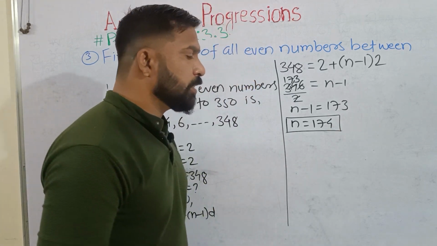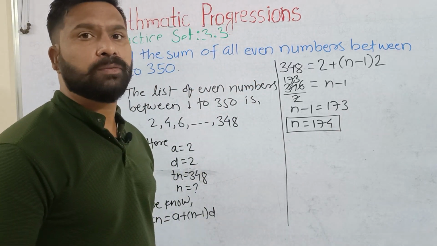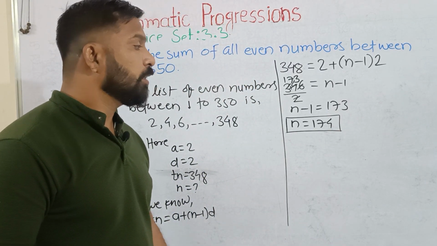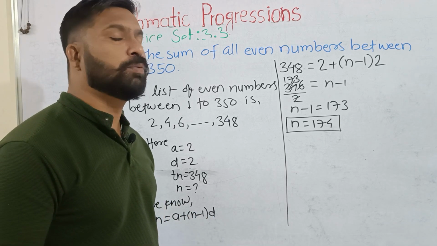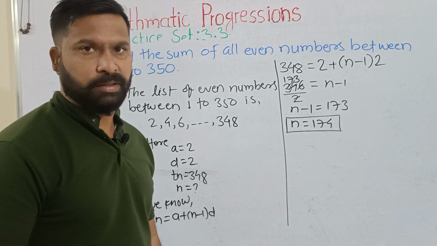How many such terms are there? 174. Now you understood that we need to find the sum of 174 terms.